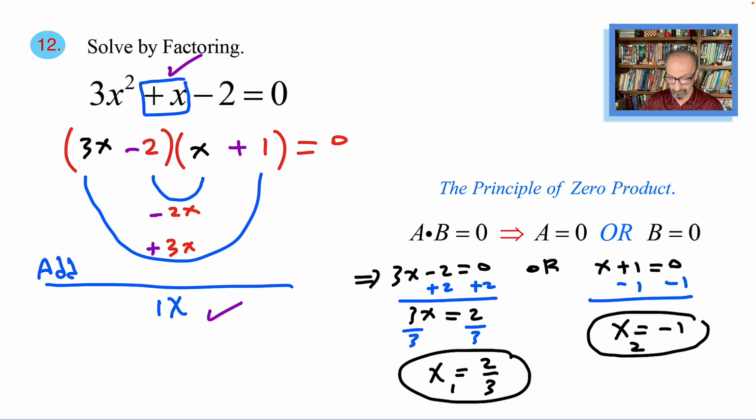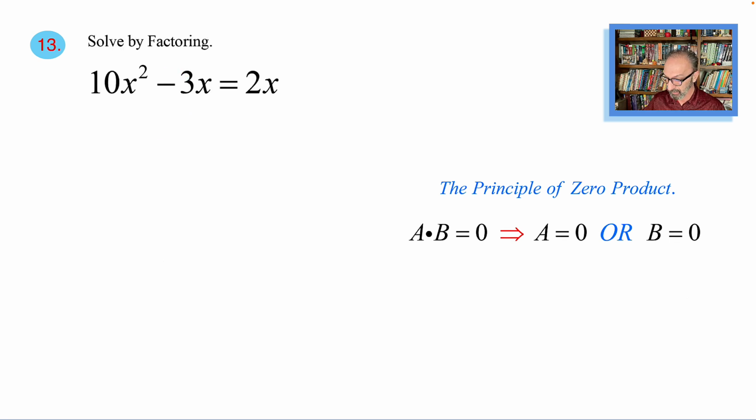Number 13. Solve by factoring again using the principle of zero products. Let's move the 2x to the left to make it equal 0 on the right side and factor.